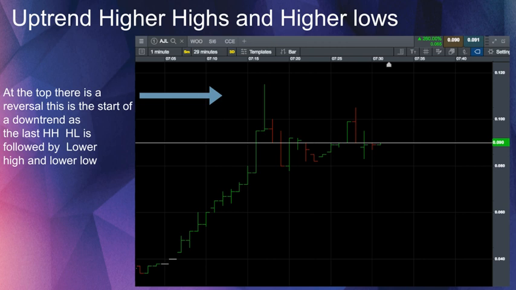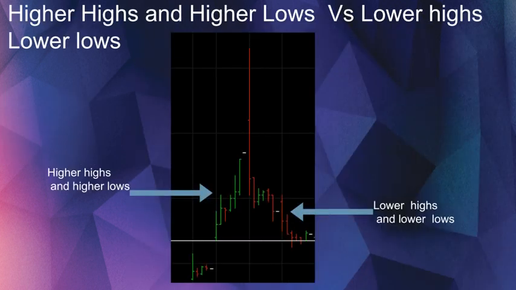So we'll get to that. So higher highs, higher lows versus lower highs, lower lows. We had green bars going right up, with higher highs and higher lows. Then we got that red candle. Price was pushed right up, but the sellers came and sold it right down. So now the reversal starts.